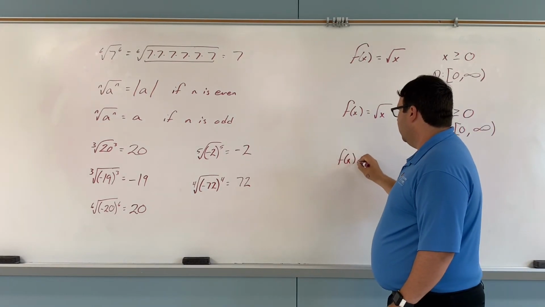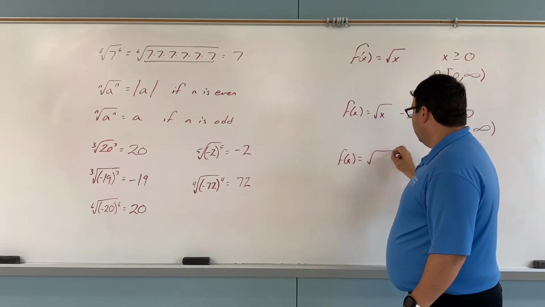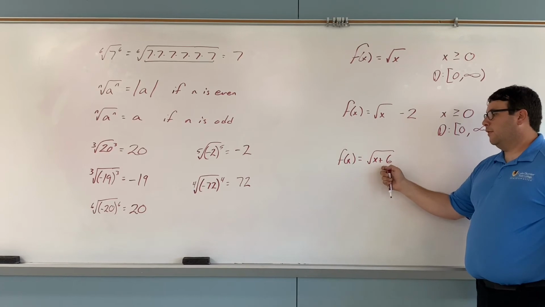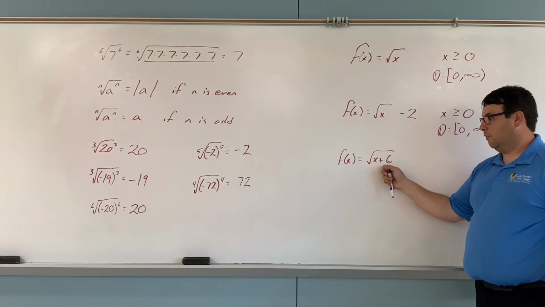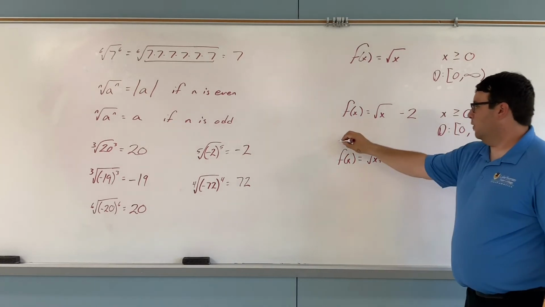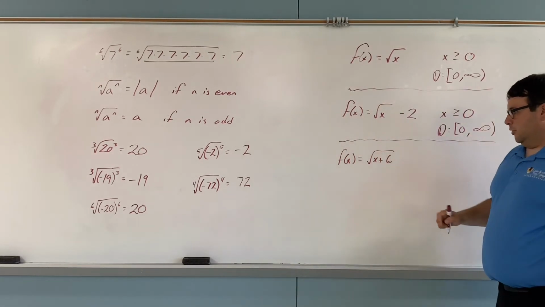Let's try another one. Let's say my function is the square root of x plus 6. Notice this plus 6 is part of the radicand. So the x plus 6, that 6 value, is part of the radicand. What I would do, I'm going to put a little dividing line here just to show some separation.